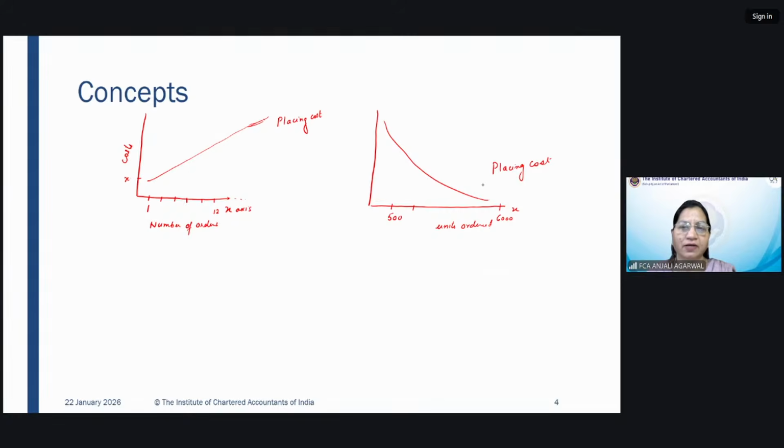You are placing an order again and again, you may get successive discounts, you may get some other benefits from the freight people or the loading people somewhere, right? All these things can impact the placing cost. Is it clear, Maithili? As of now, for theoretical purposes, we will keep it linear here.